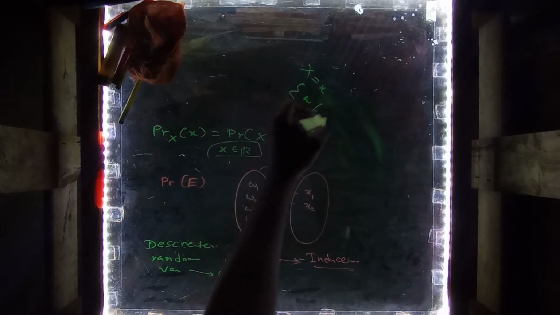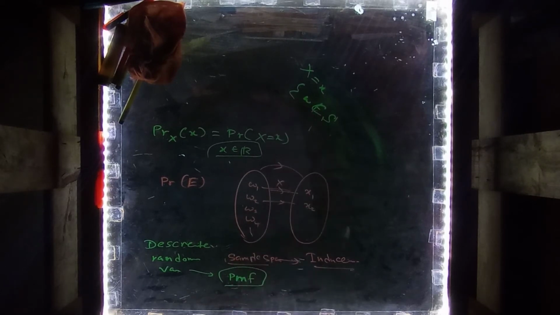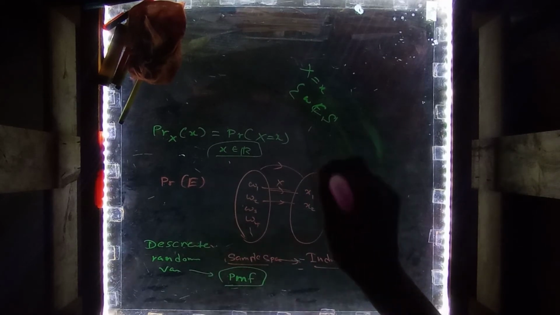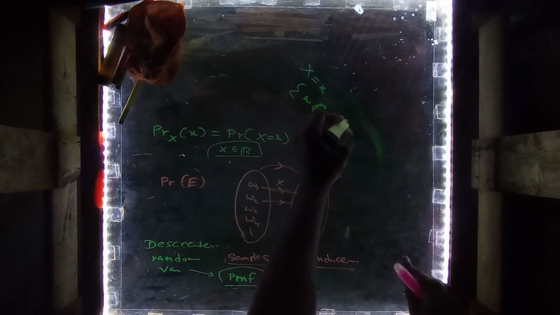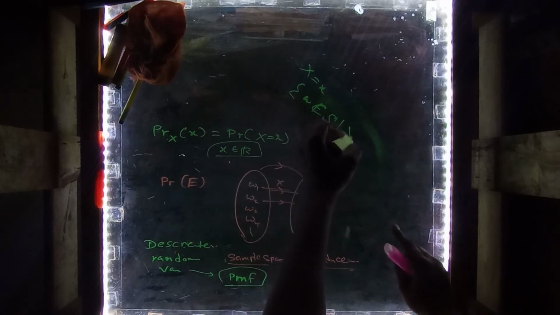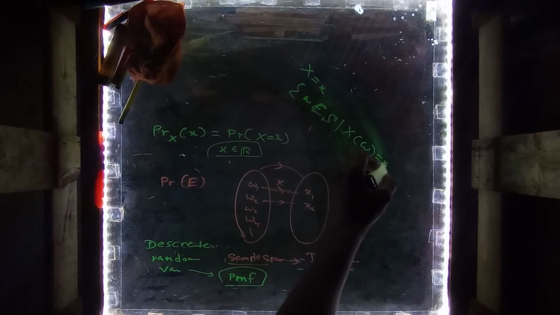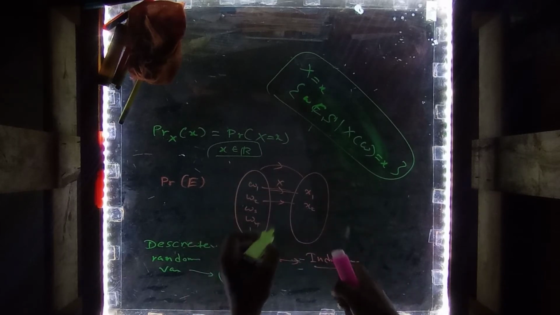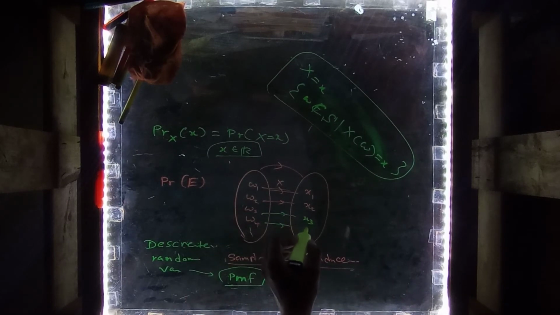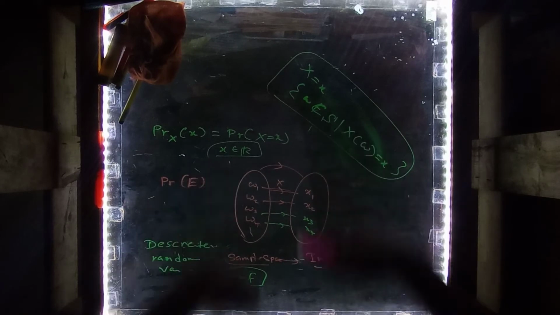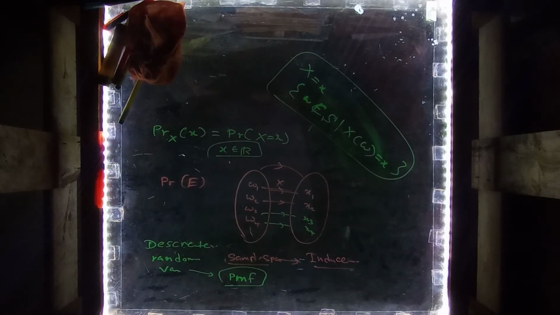Omega is an element of the sample space, omega i. That can be defined as a function of the random variable. You can check it with this relationship. We can go further. That is all we need to know at the fundamental stage.